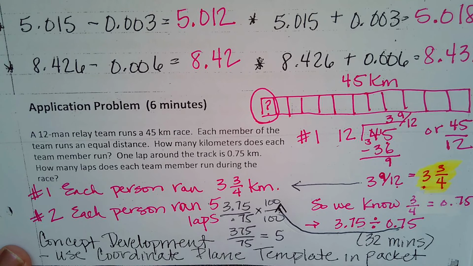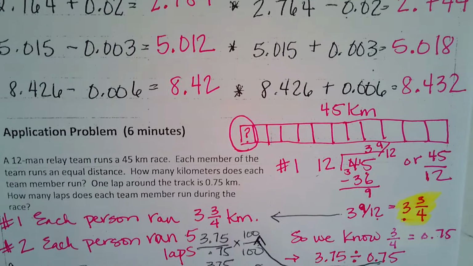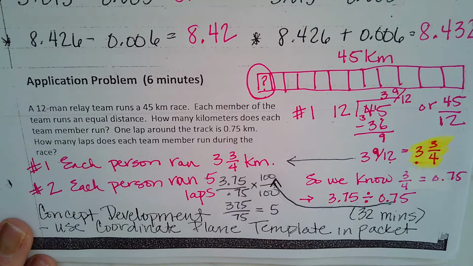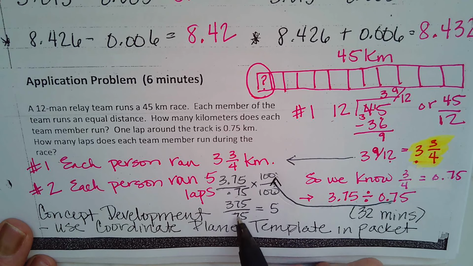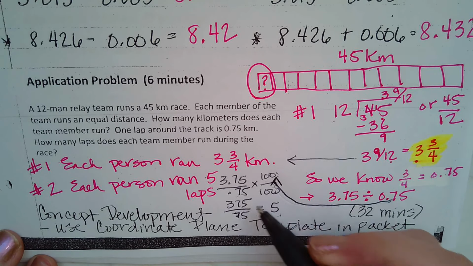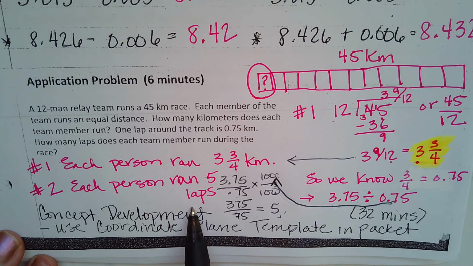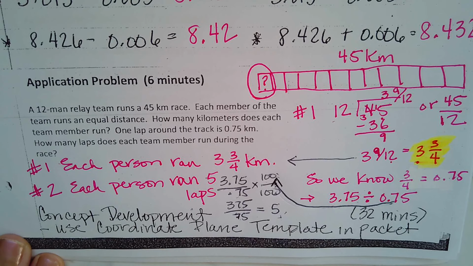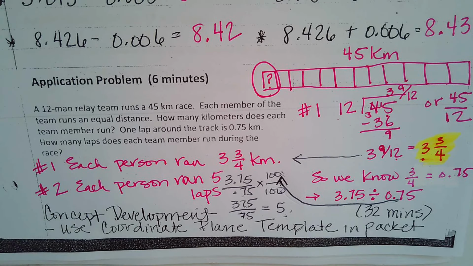So if you remember our application problem yesterday, where we multiplied to get rid of our decimals, then we divided, and simply by dividing 75 into 375, you get 5. So each person ran 5 laps. If this gave you trouble, go back and rework it one more time so that you understand the steps that I took in order to get the answers.